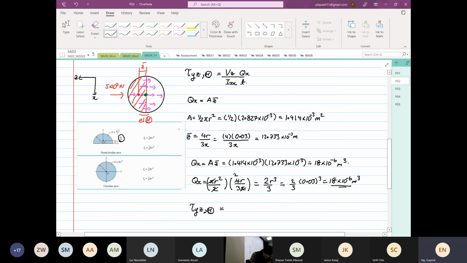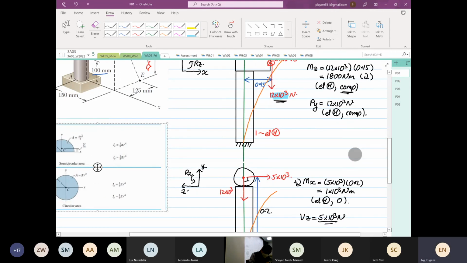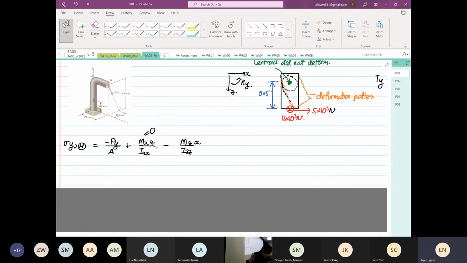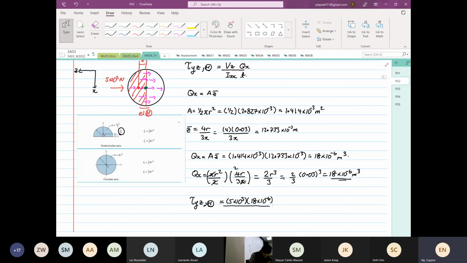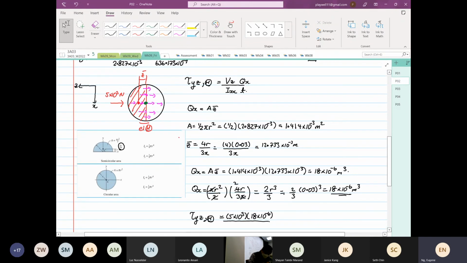So you have V is 5 times 10 to the power 3, then you have our Qx, which is 18 times 10 to the power minus 6, divided by your I. What is our I? Hold on, I need to find our I. Maybe it's over the other side. Our I is 636.173.